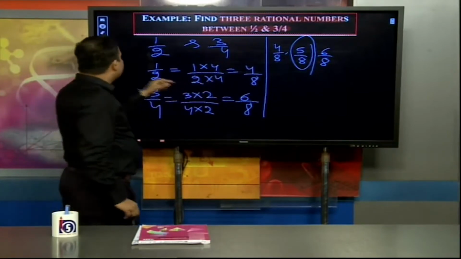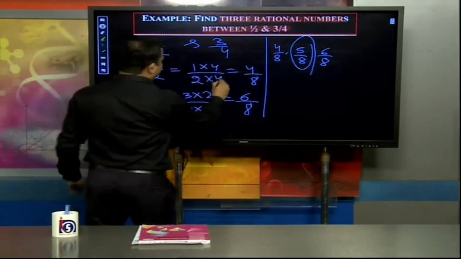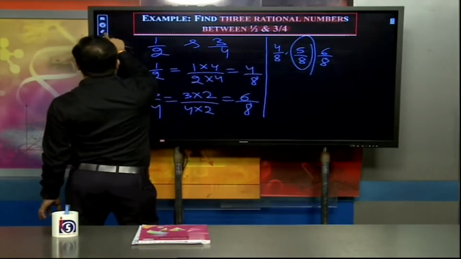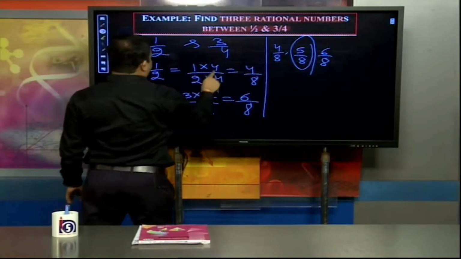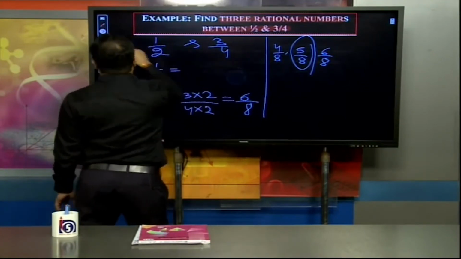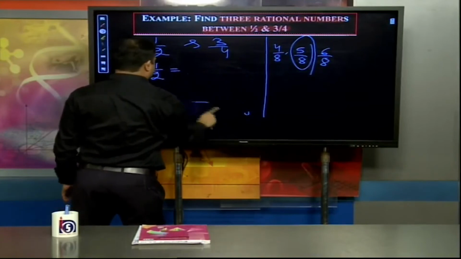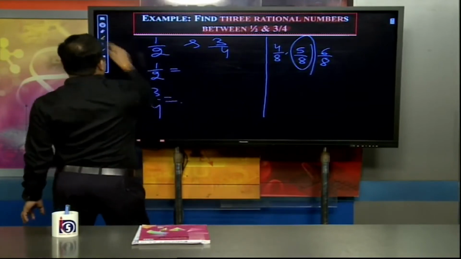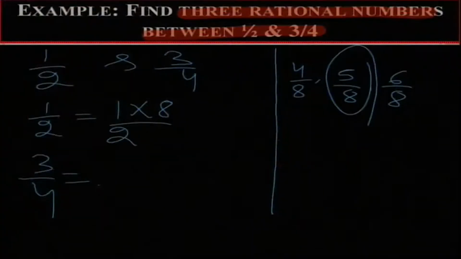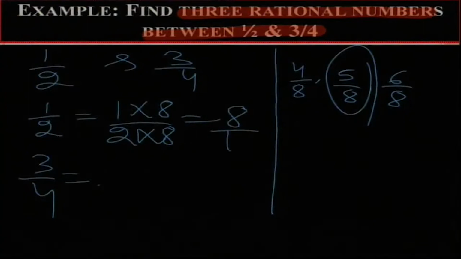Simply I can write 1 into 8 divided by 2 into 8. So you will get 8 by 16.